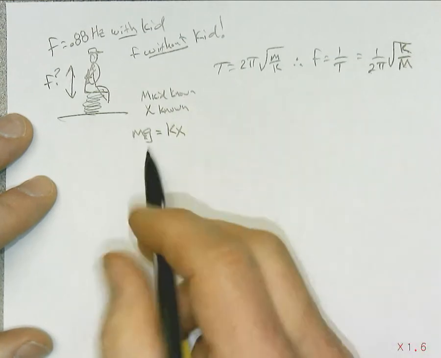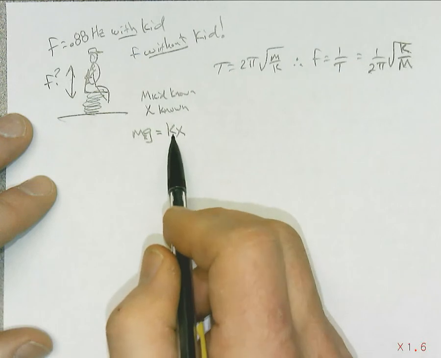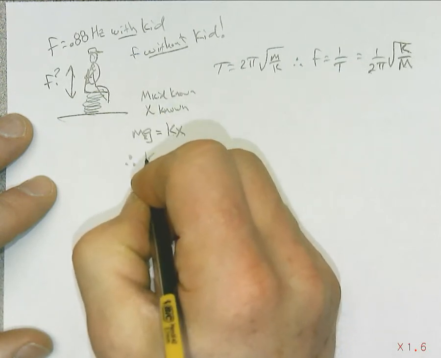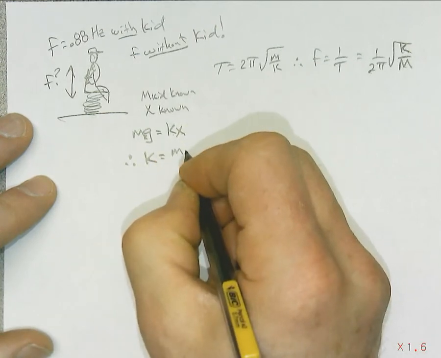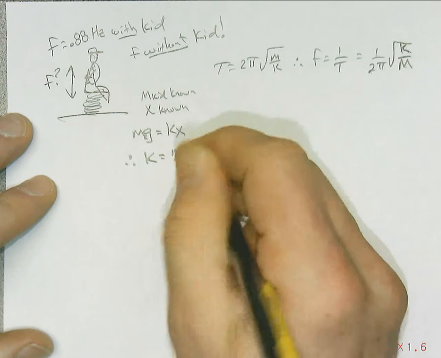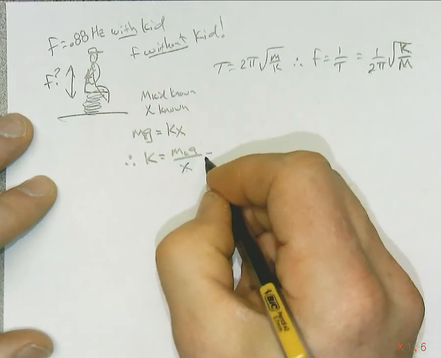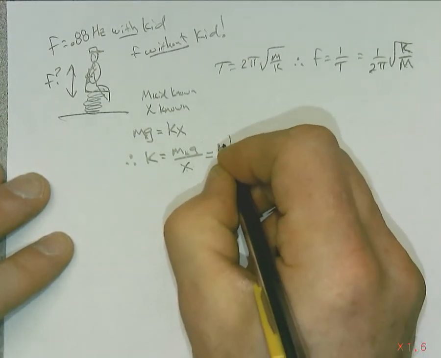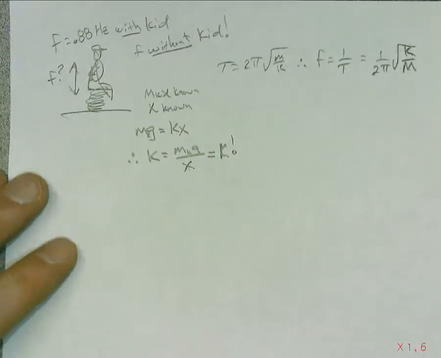We're given the mass of the kid. We know what g is, 9.8. We don't know what k is, but we know what x is. Therefore, we can solve for k. The spring constant is the weight of the kid, m_kid g, over x. That's equal to some number, which is k. So now we know k.